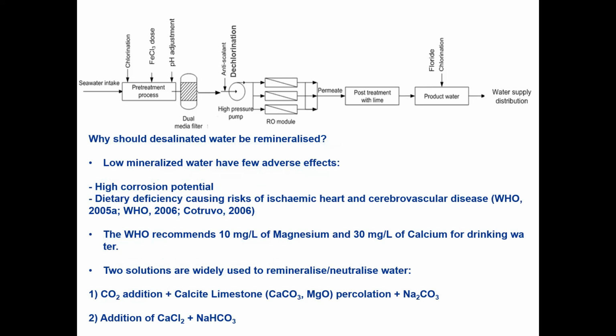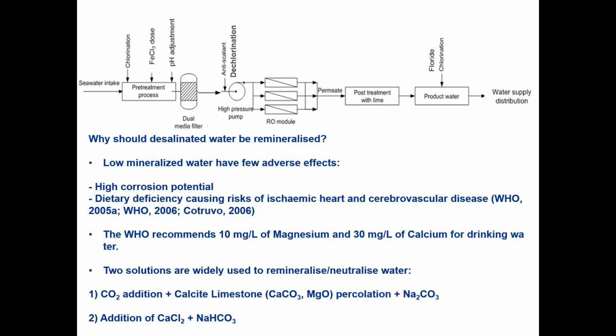If you drink water with 10 milligrams of minerals, this is a good health impact. Also, calcium at 30 milligrams per liter would be best to drink. After you desalinate, most of the minerals are gone, so we want to add more minerals, magnesium and calcium, to have better mineralized water.